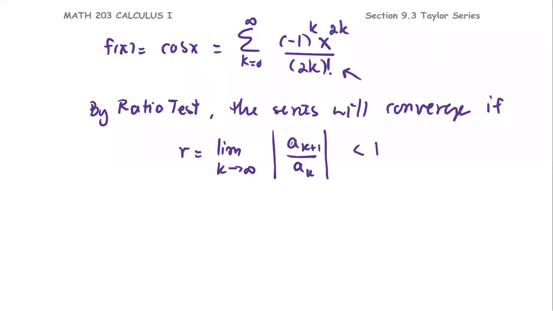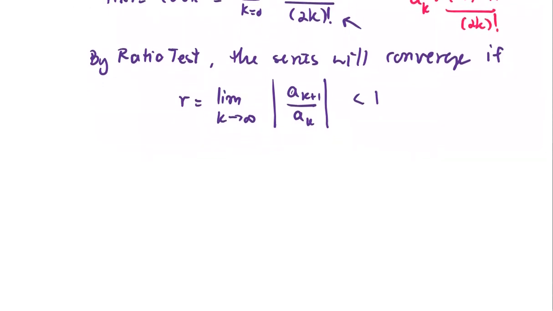In this series, a_k is the quantity negative 1 to the power k, x to the power 2k, divided by 2k factorial. Now we're going to form the limit expression.